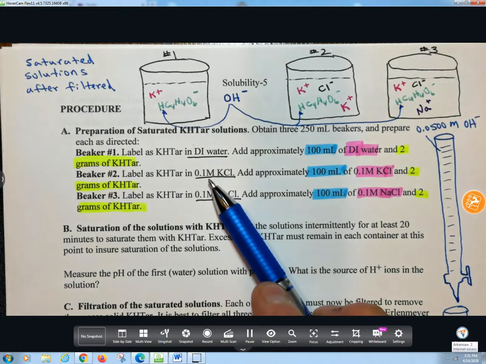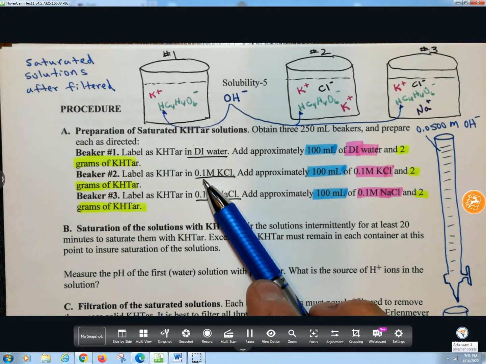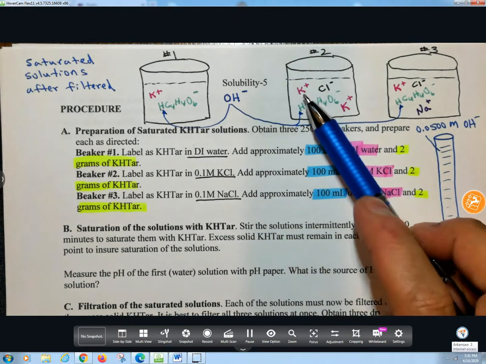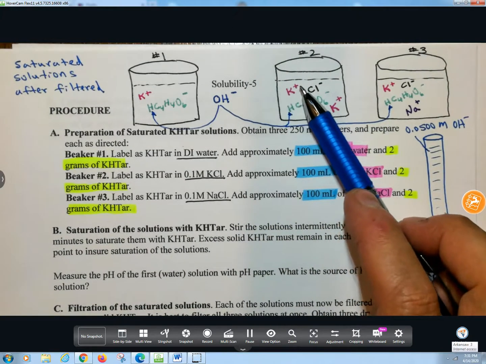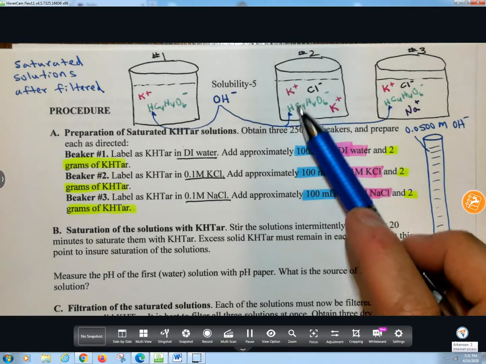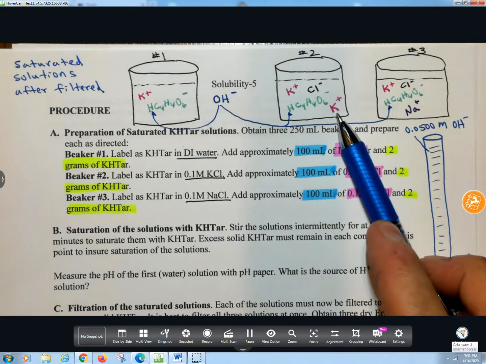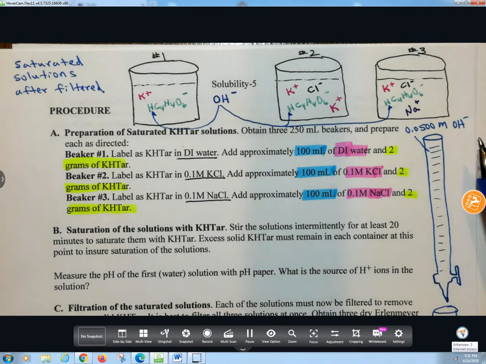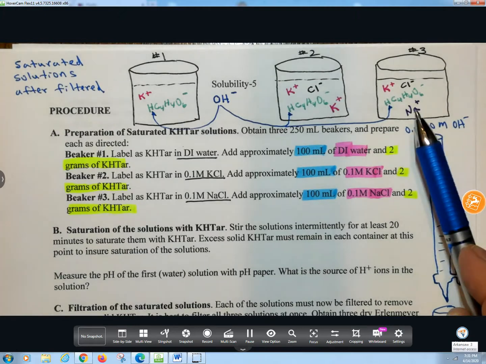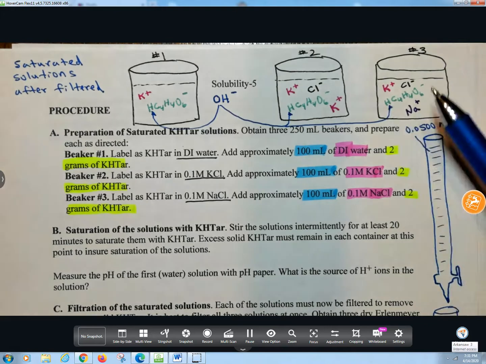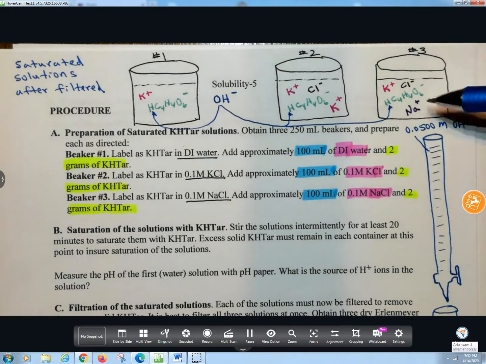Then we're going to dissolve it in 0.1 molarity potassium chloride. This is our common ion. So if I say this is my original potassium and my hydrogen tartrate that dissolved, I also have Cl minus in there, and I have my common ion there. And in the third, kind of controlled beaker, I have potassium and hydrogen tartrate that dissolves, but in order to keep those inert ions the same, I also have sodium and chloride, kind of as a control group.